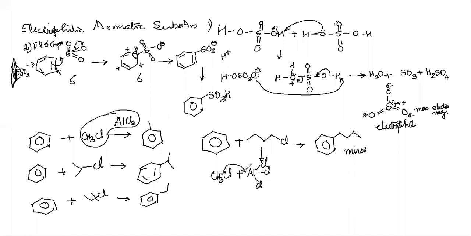Aluminum is an electron deficient Lewis acid. So this will form CH3 plus, the carbocation, and AlCl4 minus. This is the same mechanism as halogenation which we have seen yesterday. Then it is this which is going to react. But we have already studied that primary carbocation is very unstable.